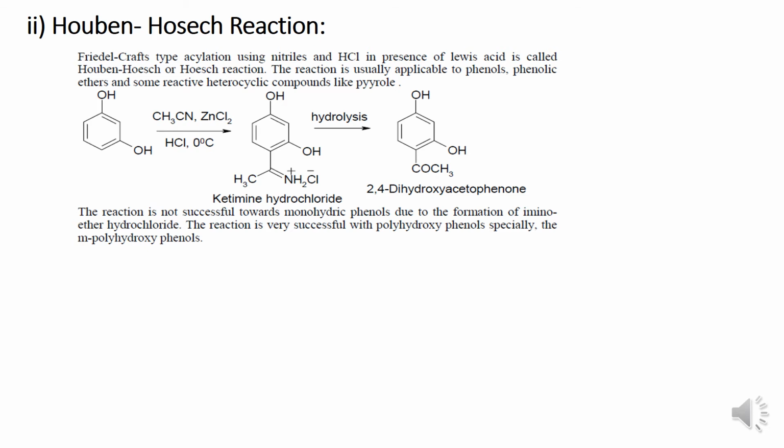Next, the Hoesch reaction. This reaction is usually applicable to phenols, phenolic ethers, and some reactive heterocyclic compounds like pyrroles. The Hoesch reaction means Friedel-Crafts type acylation using nitriles and HCl in the presence of a Lewis acid.